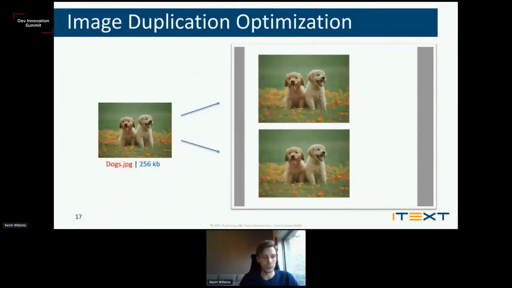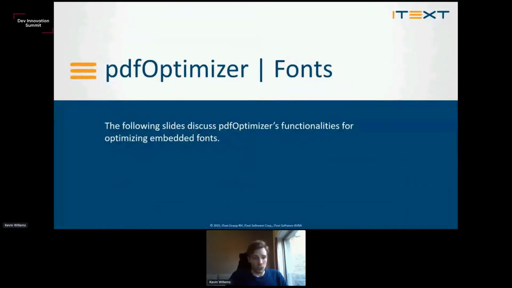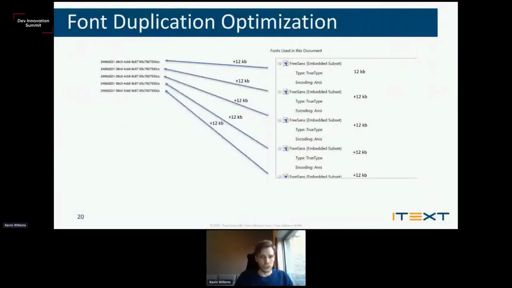So let's take a look at some font optimizations now. The first one is font duplication. Again, similar to image duplication, it's possible that a PDF document contains multiple subsets of a font, which can bloat your file quite heavily.